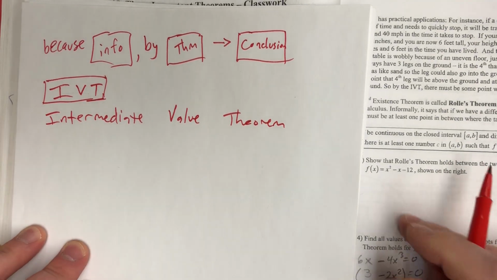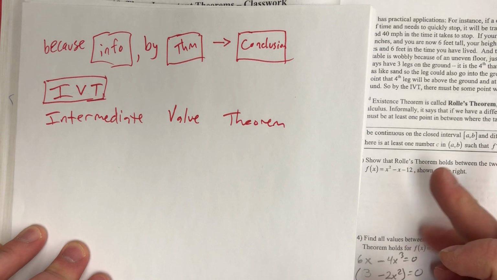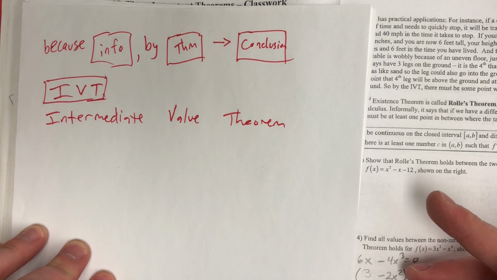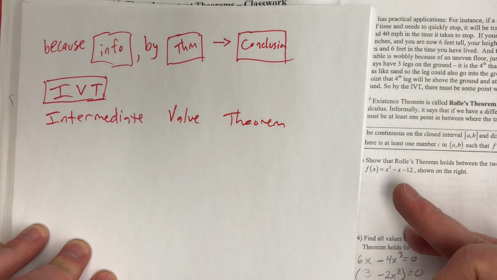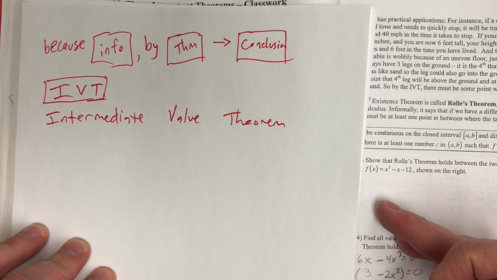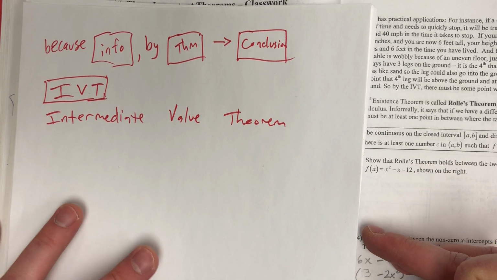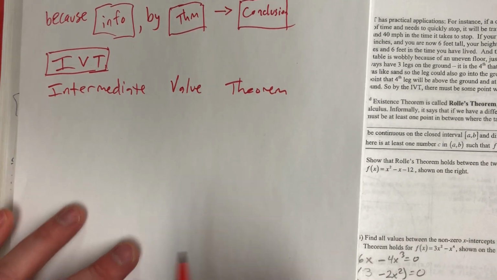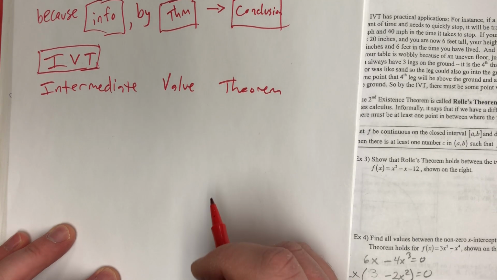You are not required to write intermediate value theorem. Generally, abbreviations are not okay, but we have certain standardized abbreviations in AP Calc that everyone can use. Let's talk about the basic idea of intermediate value theorem, and then let's look at some examples.